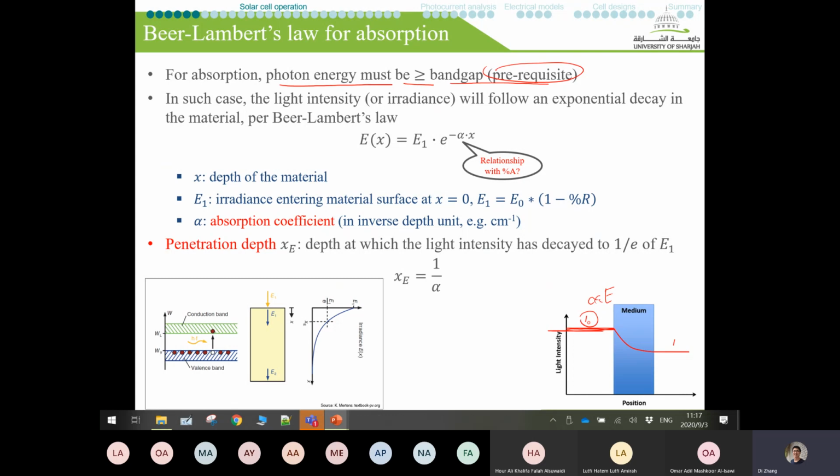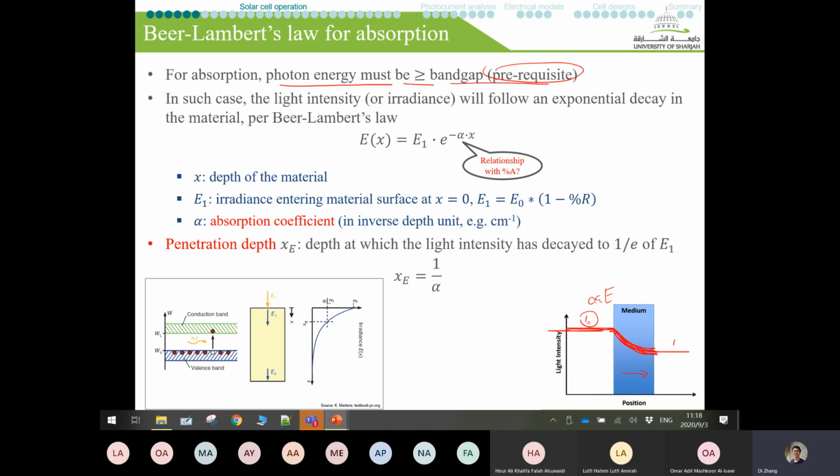When the irradiance enters a certain material, it always follows a single exponential decay inside the material. The deeper the irradiance penetrates, the more decay we will see, and it is going to be a single exponential decay.